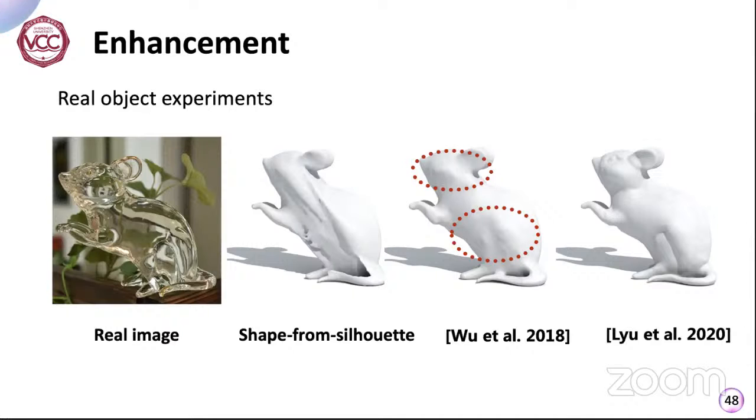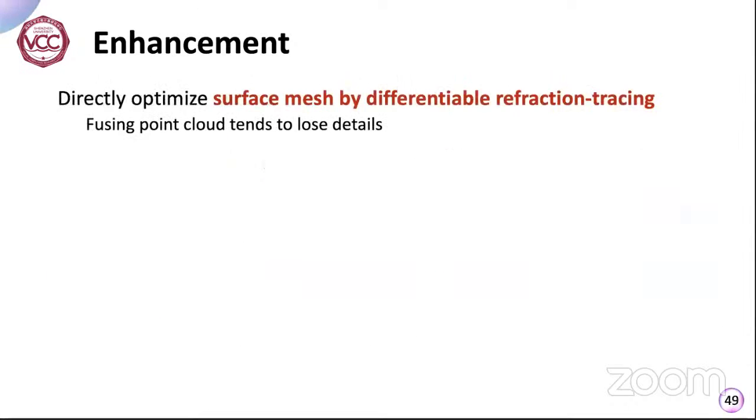Okay, so how did we improve? Firstly, we skipped the point cloud fusion step I just introduced, by using differentiable tracing of the refractive paths to directly optimize a 3D surface mesh approximation of the object.